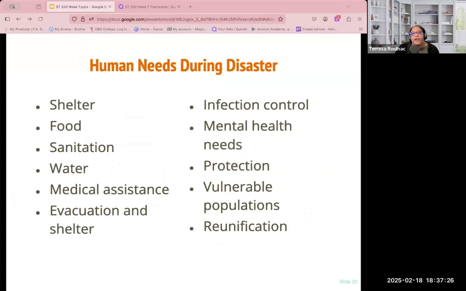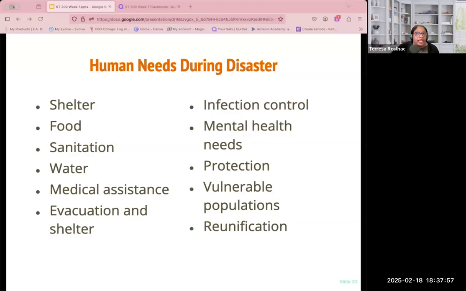Now, in the aftermath of a disaster, we have to address human needs. That is going to be important to support the affected population and ensure recovery. So, you see some of the basic human needs on this particular slide, from providing safe temporary housing to evacuating people maybe from a danger zone.